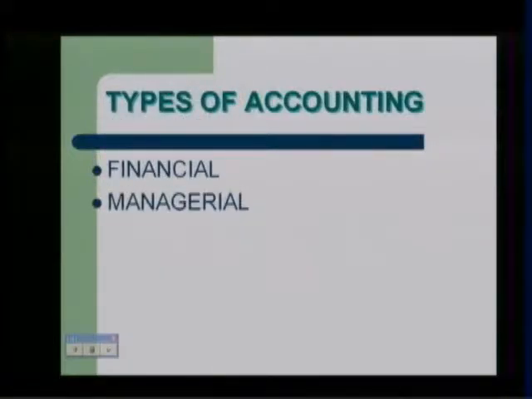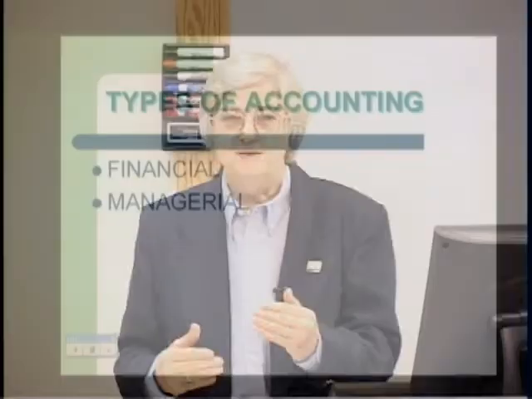Now, on the other hand, you have the people who are interested in the internal reporting of financial information, and we call these people managerial accountants. Managerial accountants look at costing, at products, internal information for managers. So if you have an external focus with financial accounting, you have an internal focus with managerial accounting. Financial accountants tend to go for the CPA designation.